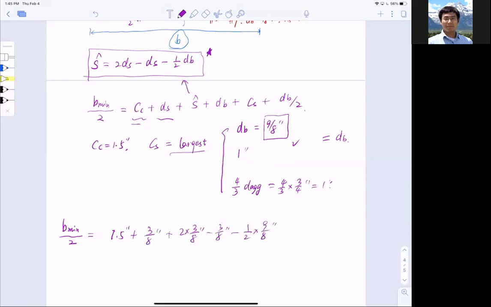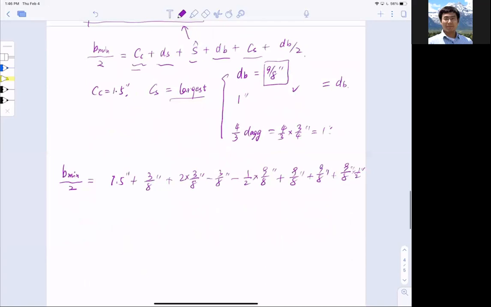That is S hat. Now plus dB, 9/8 of an inch. CS, what is CS? Largest, again dB. And plus, don't forget, half of dB. This is only half of the width.